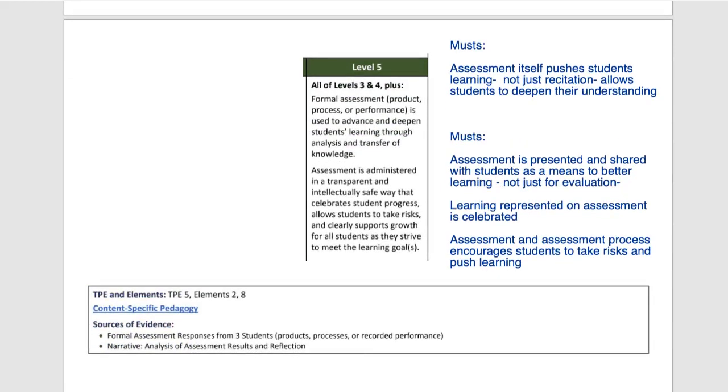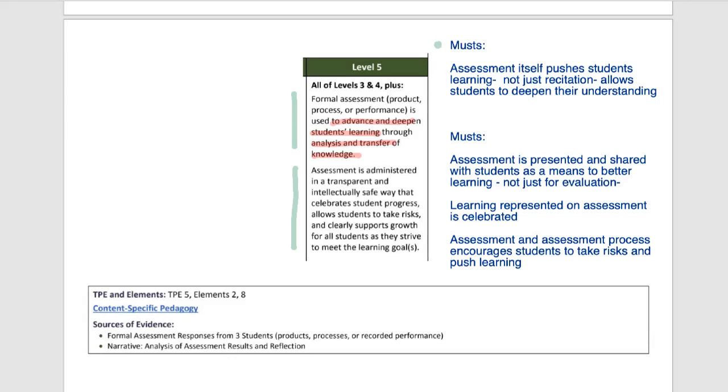In level 5, you'll see that there are 2 blocks here. All of levels 3 and 4 plus: formal assessment, product, process, or performance is used to advance and deepen students' learning through analysis and transfer of knowledge. All right, so a way to think about this one is a must. The assessment itself should push students' learning, not just recitation.